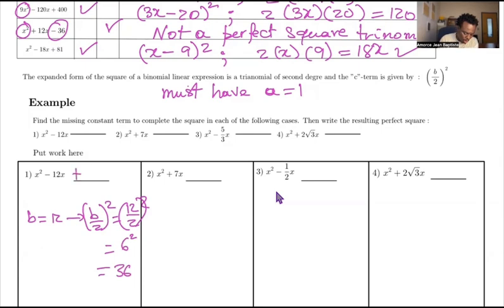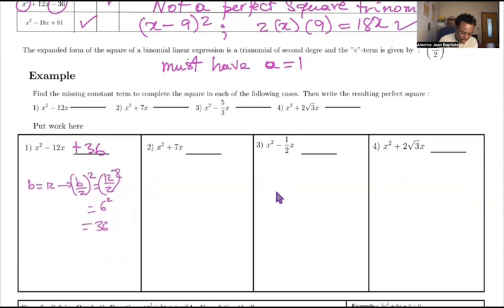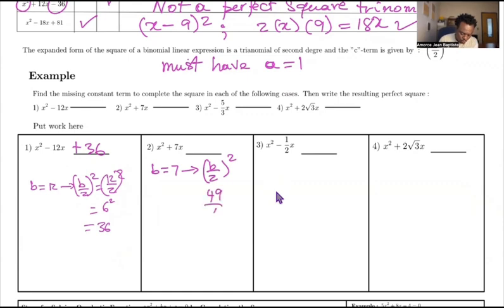So the constant term would be 36. This one, we got b equals 7 and a is 1, so we don't have an issue. We don't need to divide by anything. So b equals 7, and b over 2 squared would be 49 over 4.